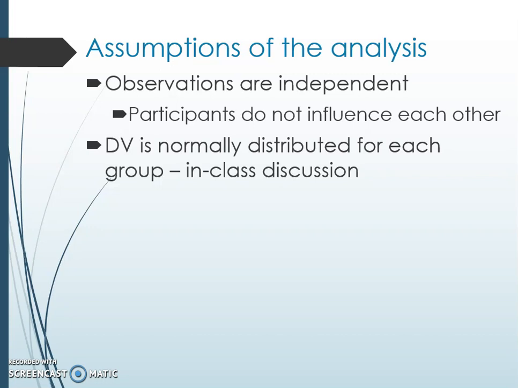The dependent variable is normally distributed for each group, which is the second assumption of this variable. We're going to look a little bit more in detail on this in class because it's a little bit complicated, and we'll be learning a process to determine whether the data are normally distributed or not. And so we'll be looking at some key indicators of that.